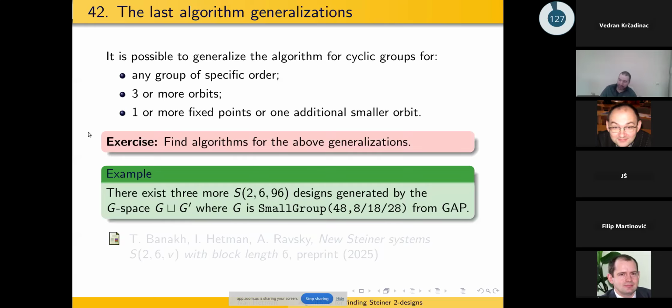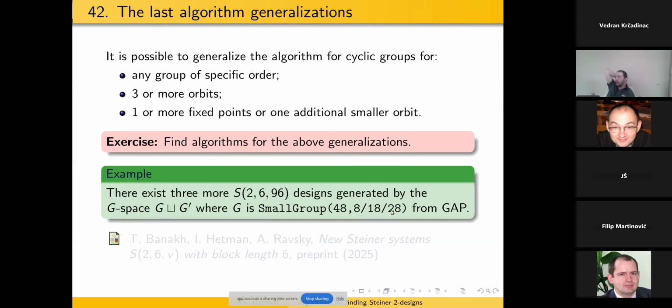And using this generalization, one more example was found. So Mills generated the 2-orbit design for cyclic groups, but I was able to generate 3 more for specific small groups from GAP. So these small groups also admit one more design, and the most interesting is this one, because it is just this 4828.